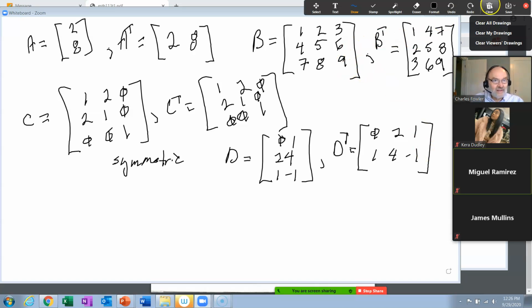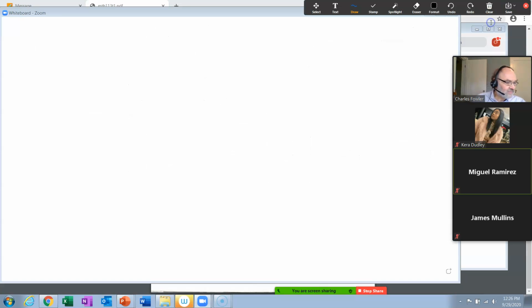I think I may write these down because these are sort of new and kind of important too. I know you probably can't look at your book and watch the Zoom at the same time, so let me write these down. What we have here is A and B are matrices, obviously with those kind of names.